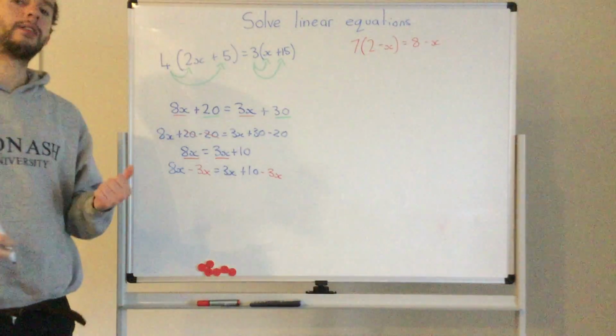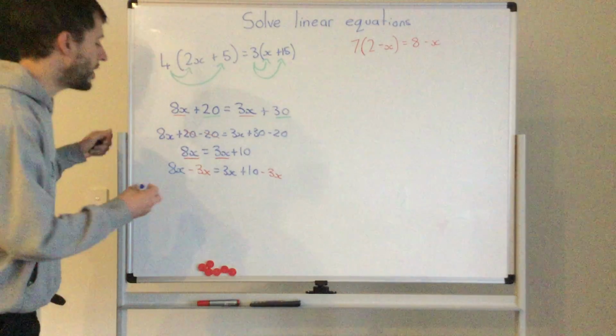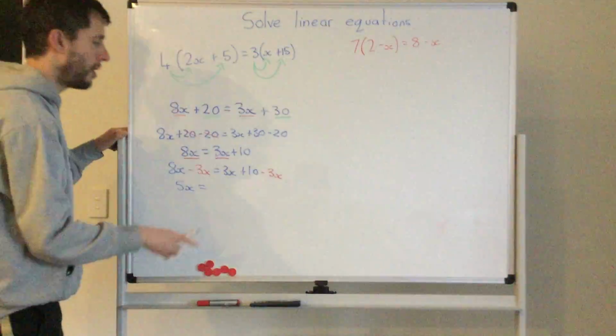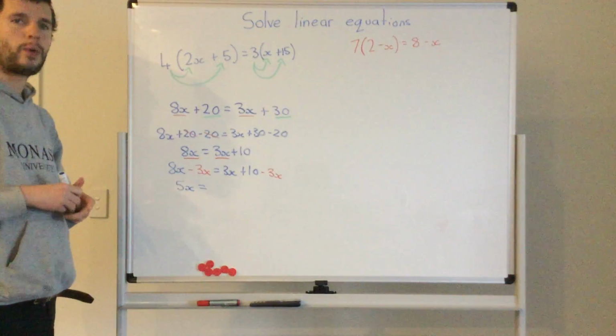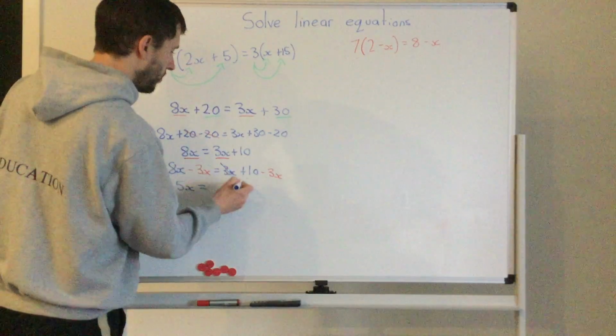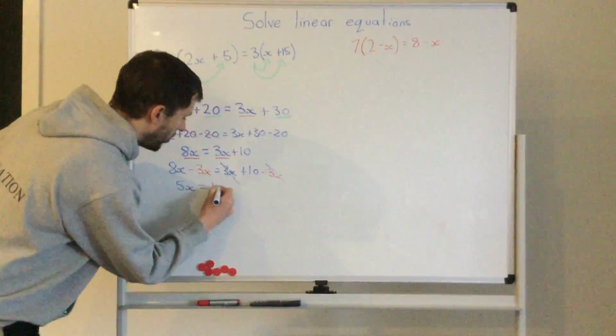If I've got 8 lots of x's and I'm taking 3 lots of x's, that's 8 take 3 equals 5, so 5x. 3x take away 3x is 0, so that just cancels out. And I'm left with 10 on that side.